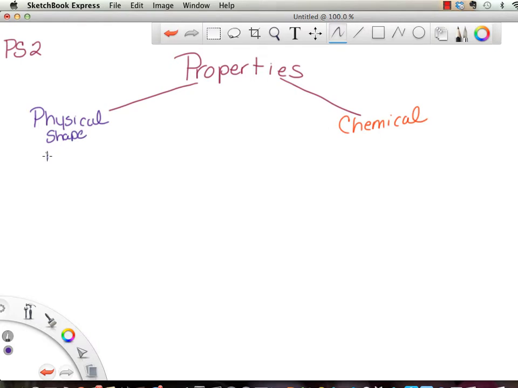we have density, solubility. Remember, solubility is the ability to dissolve. We have odor, melting point, any of the phase changes.